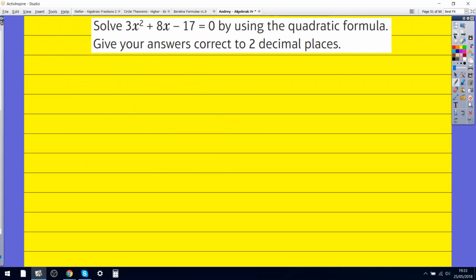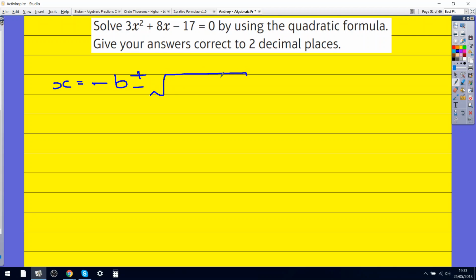How would you do this one? So do you know the quadratic formula? Not with the numbers and the x squared bit.